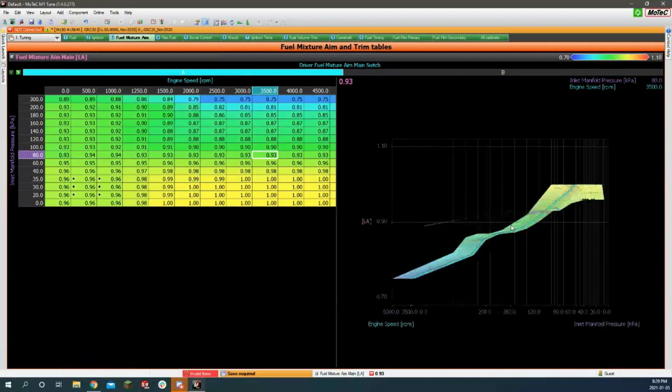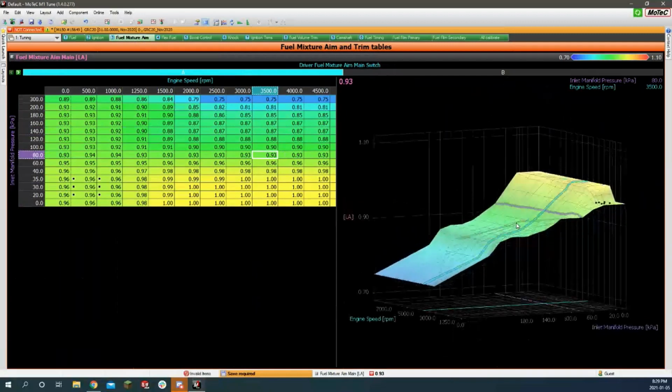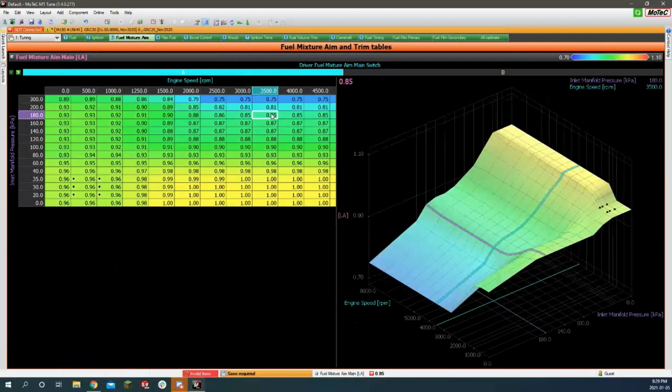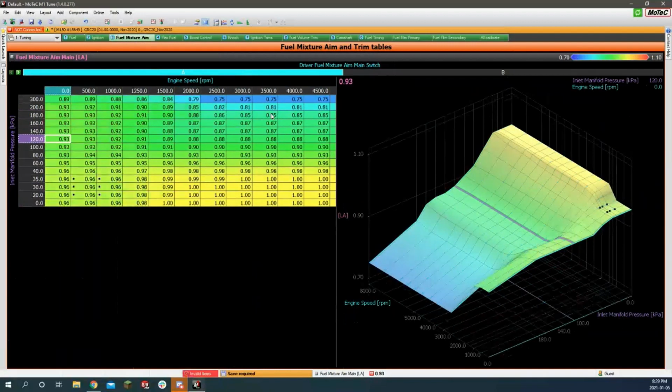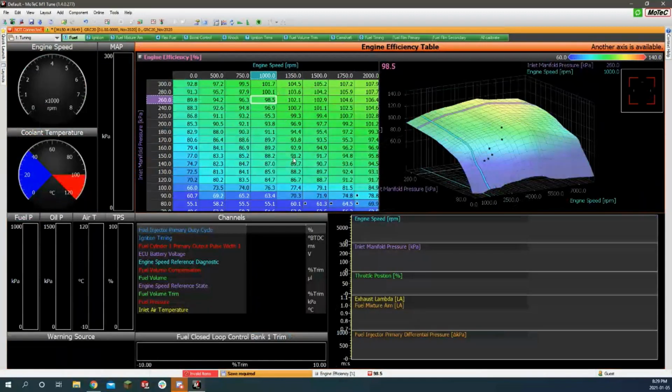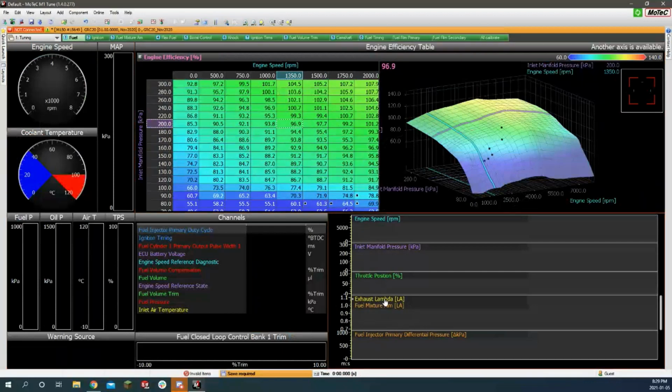You can see there's a graph. They show it graphically so you can see if there are any weird spots. But this table is what you want your lambda to be, and you use this table to get you to that lambda, basically. So you'd be able to see your lambda here on the live plot.